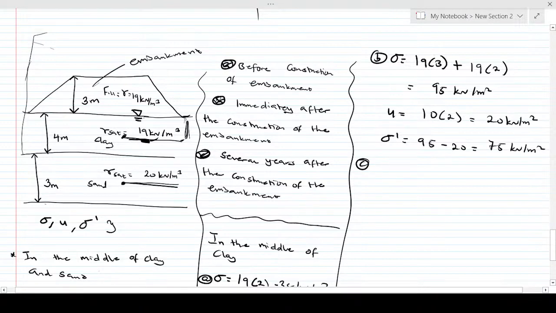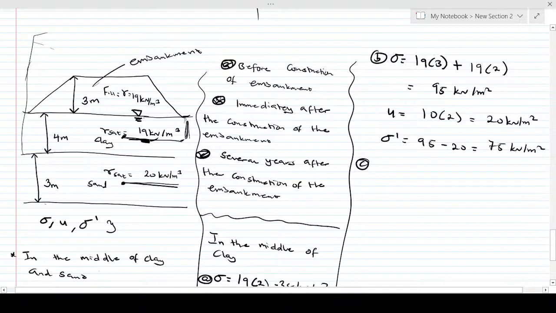Now, part C says several years after the construction of the embankment. What this means is that, since there is pore water pressure, we are assuming that several years after construction the water in these layers is going to drain out. That's the main reason why.